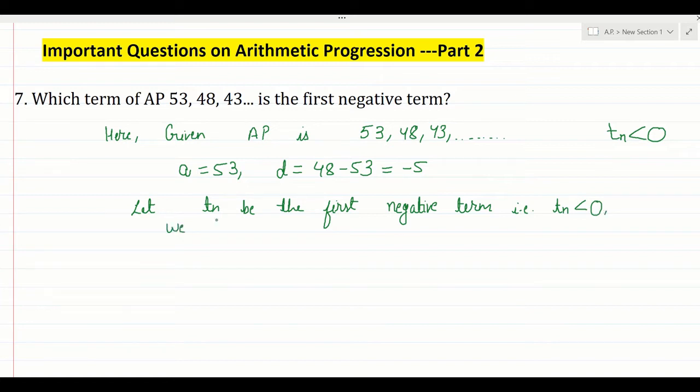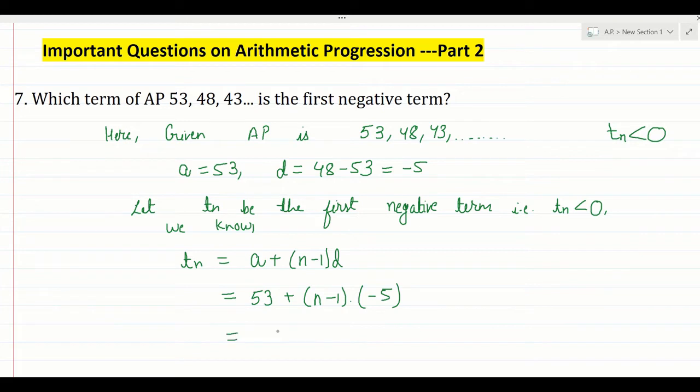We know Tn is given by your formula A plus n minus 1 d. The first term is 53 plus n minus 1. N is not known, so n minus 1 is copied as it is. D. How much is D? Minus 5. Let's simplify the right hand side.